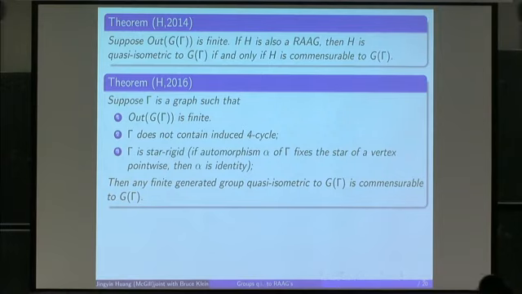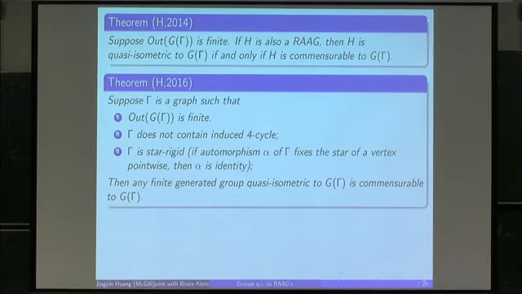So these are the 3 conditions I want, and in particular there exist graphs which satisfy all these 3 conditions, like all the polygons which have more than 4 sides. There's also higher dimensional examples, like the one-skeleton of a dodecahedron or some more complicated graph.